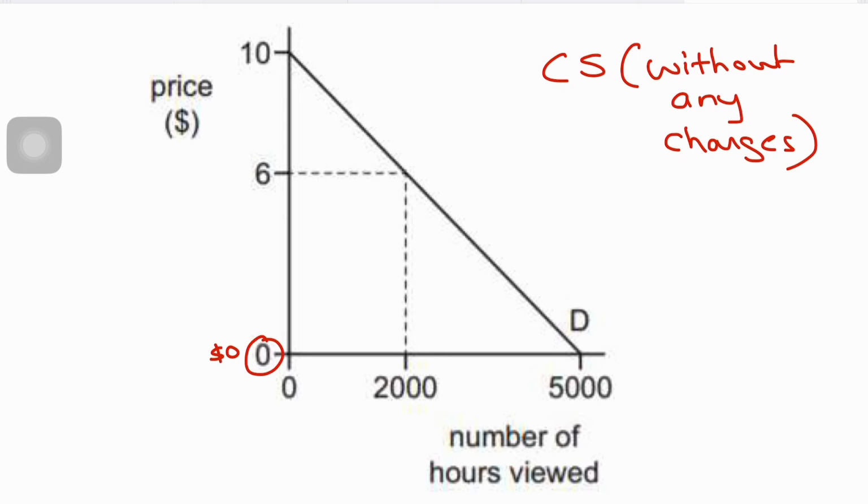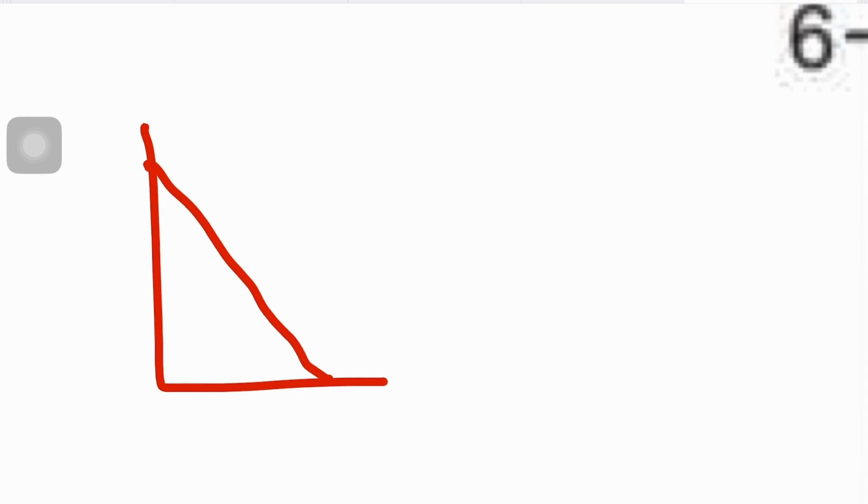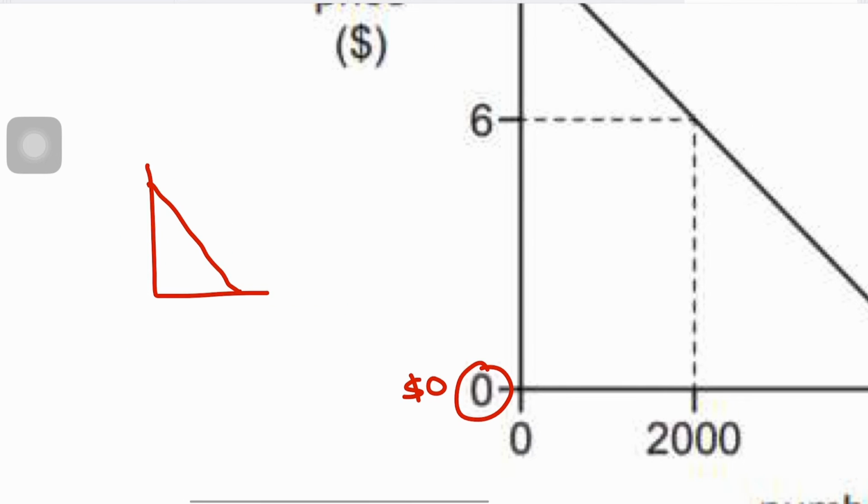Remember that the area under the demand curve shows basically how much I am willing to pay for the units that I'm buying. The willingness to pay is also the total satisfaction that I'm going to gain. So the area under the demand curve is the total satisfaction I will gain from consuming a certain quantity, which equals how much in total I would be willing to pay for all the units I'm buying.